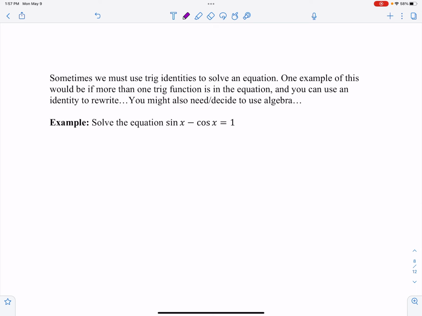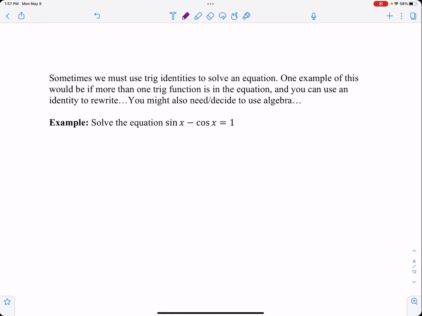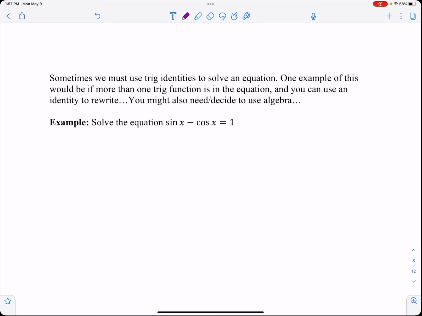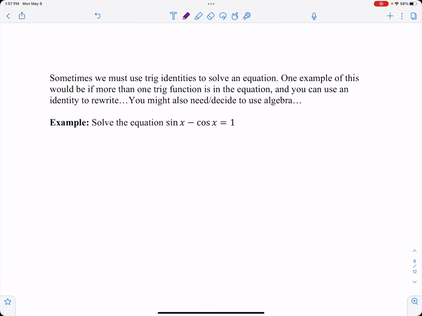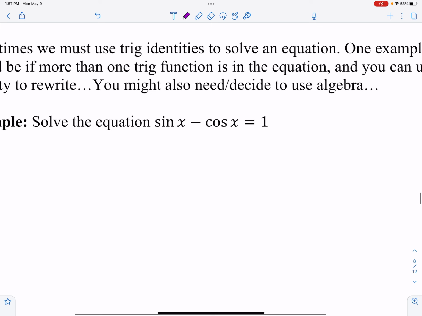Okay, sometimes we have to use trig identities in order to solve a trig equation. Sometimes you also end up using algebra. So something like this next equation, you look at it and you go, okay, well, everything's already in terms of sine and cosine. And if you're not sure of another identity to use, you can always fall back on certain algebra techniques.